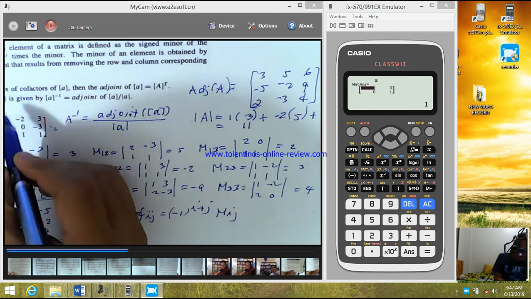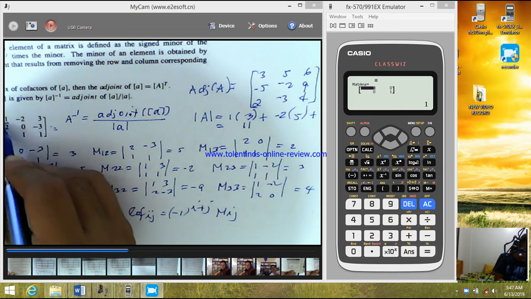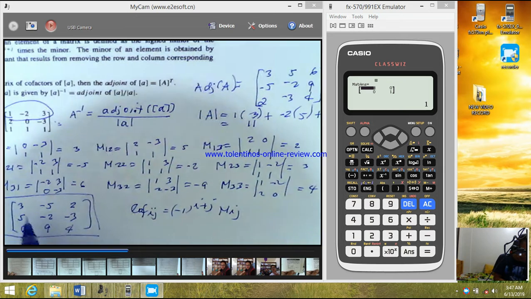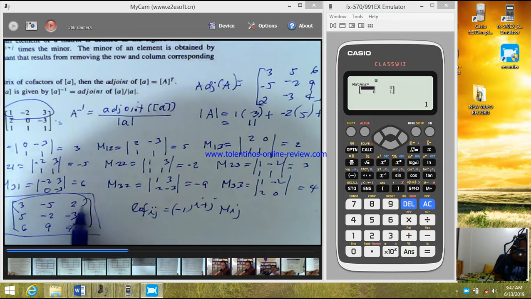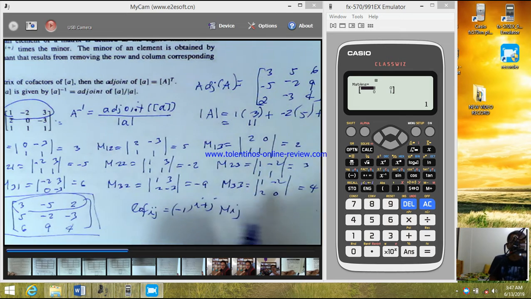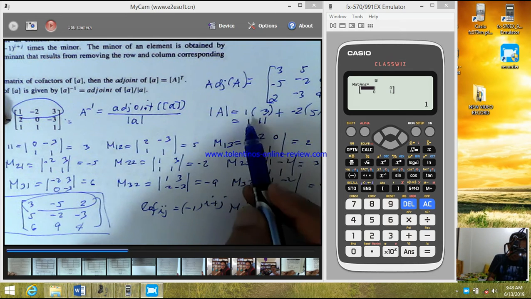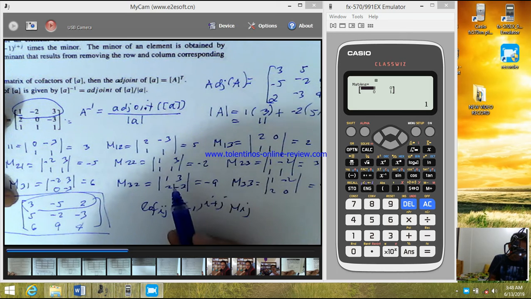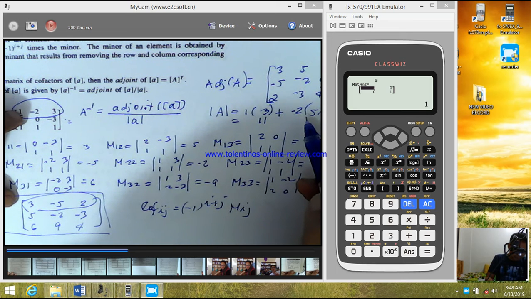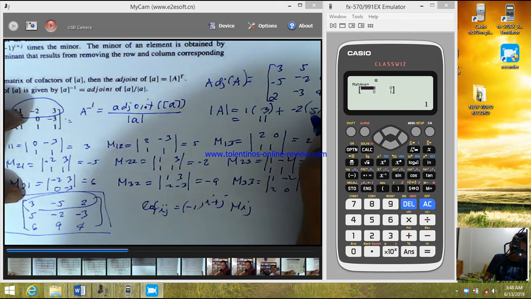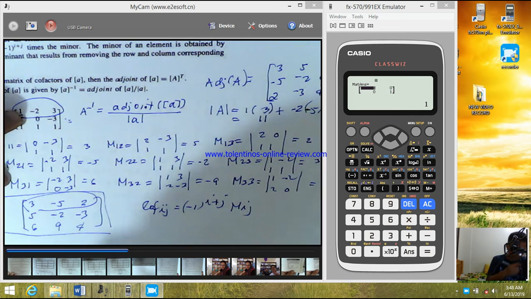Okay, I made a mistake. The cofactors are here, and I already got the adjoint. So this should be 1 times 3 plus negative 2 times negative 5, plus 3 times 2.